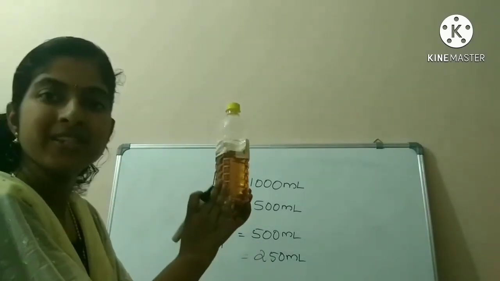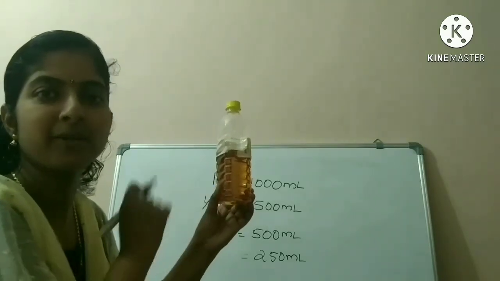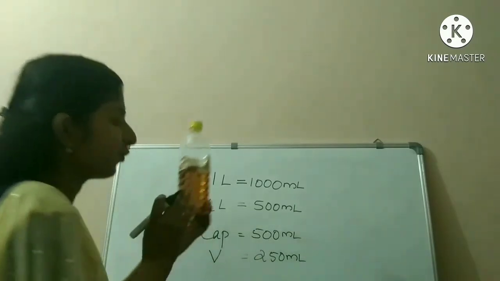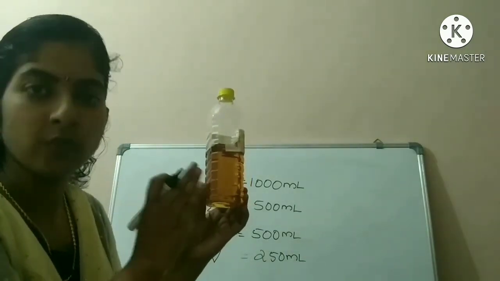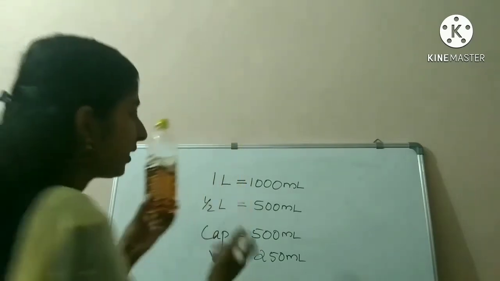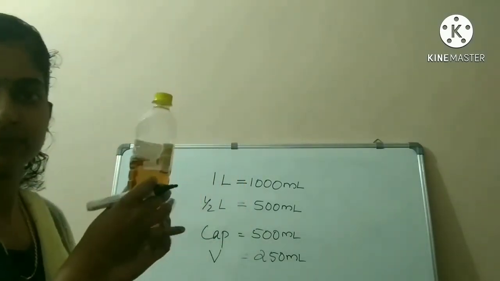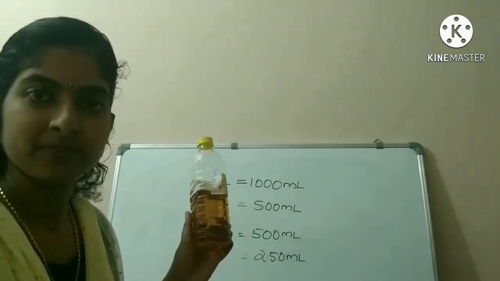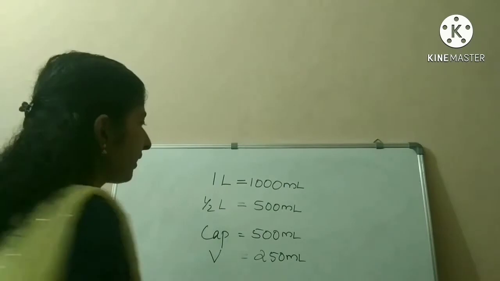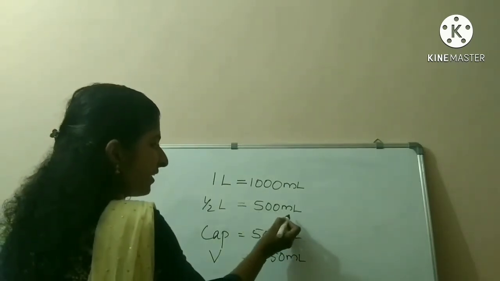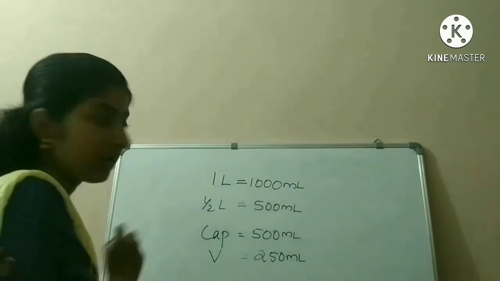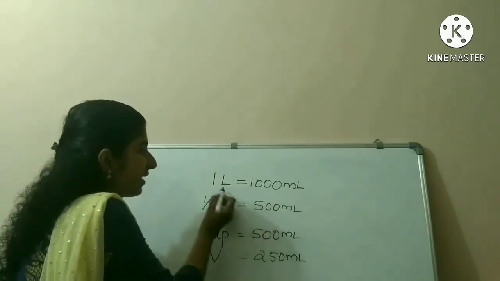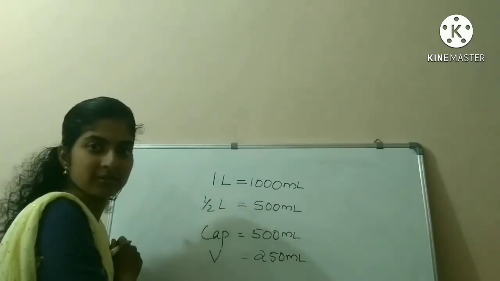So, the capacity of this bottle is 500 milliliter and the volume of this oil is 250 milliliter. That is the difference between volume and capacity. Here, 500 milliliter is less than 1 liter because 1 liter is 1000 milliliter.